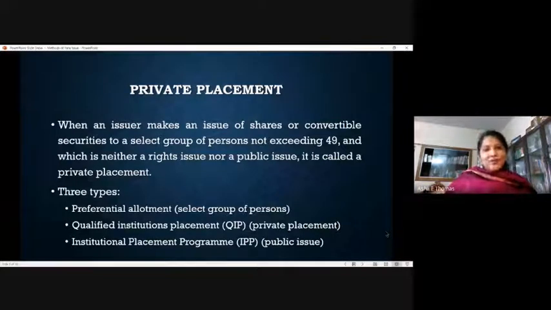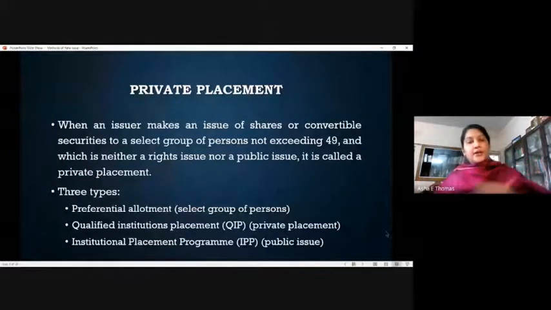The only difference is they are broadly institutions engaged in trading, investing, marketing or advisory services in the share market. So it can be banks, mutual funds, life insurance companies. All these can qualify for QIP.